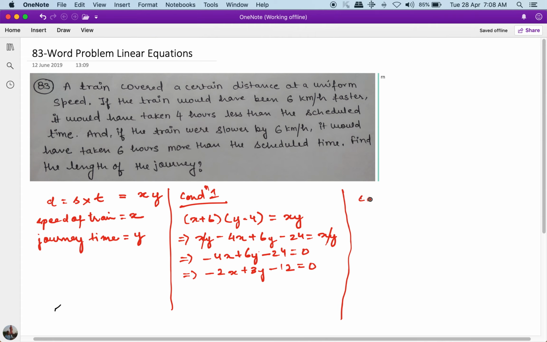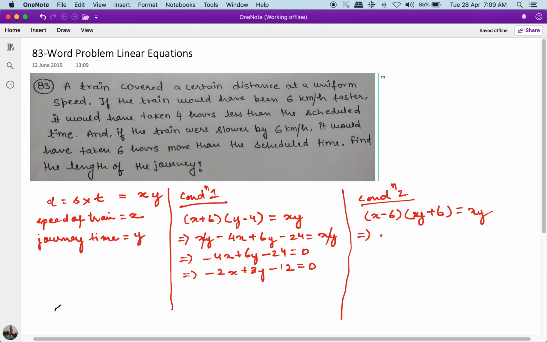Now what does condition 2 say? Condition 2 says if the train were slower by 6 kilometers, it would have taken 6 hours more. So the speed of the train reduced by 6 kilometers per hour and the journey time increased by 6 hours. Okay, so x minus 6 into y plus 6 is equal to xy.